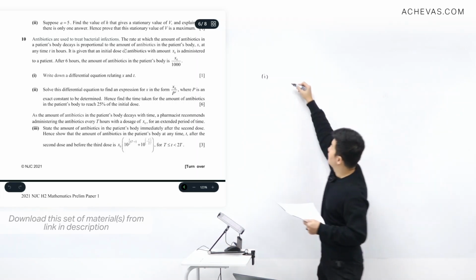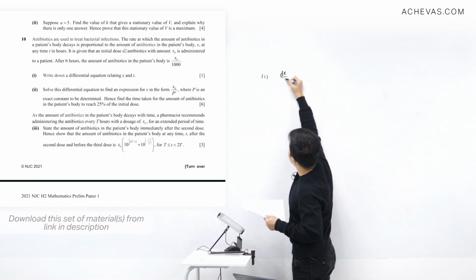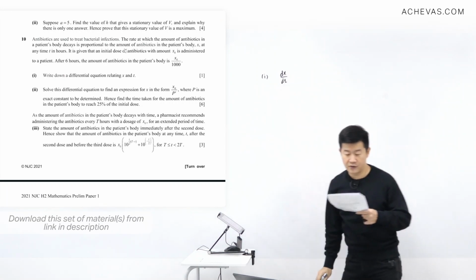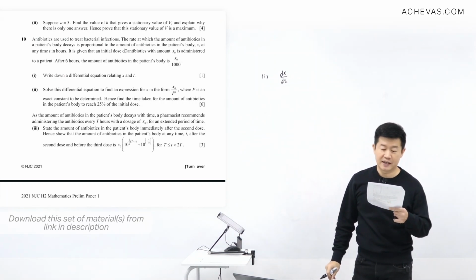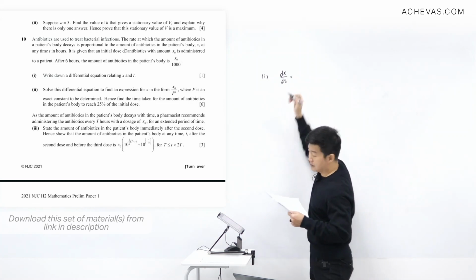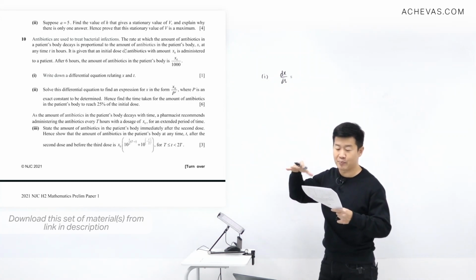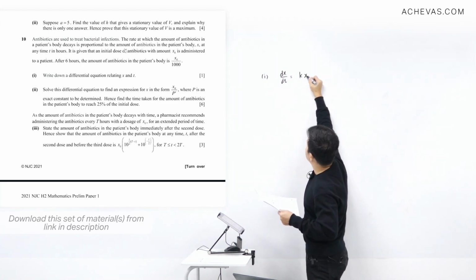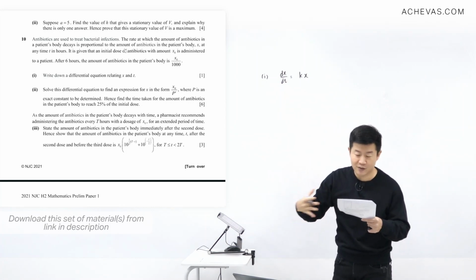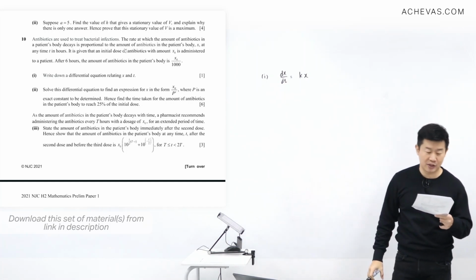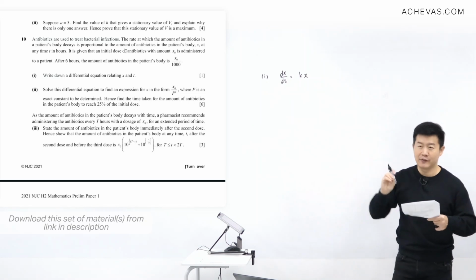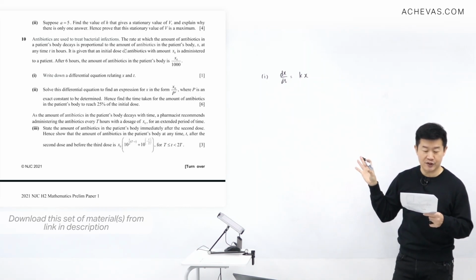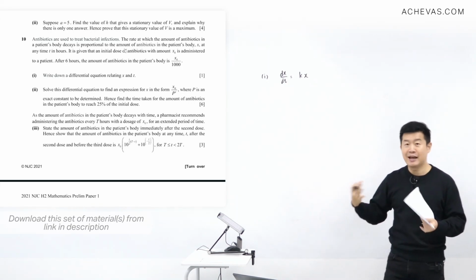According to what the question has described to me here, it is going to be experiencing this decay. So the rate of change of the amount of antibiotics that is in a patient's body is described as proportional to the amount of antibiotics that is in the patient's body, so it is going to be proportional to x. We can add a little bit of influence to this equation because we know that there's a decay going on.